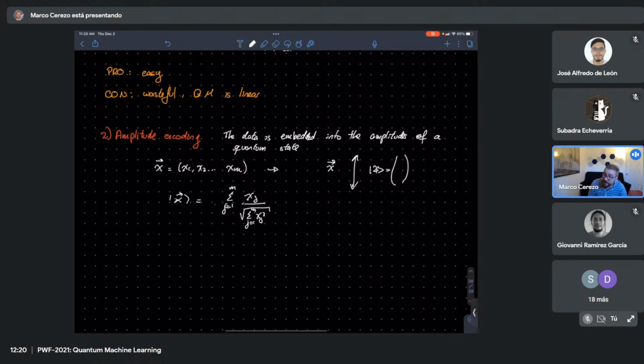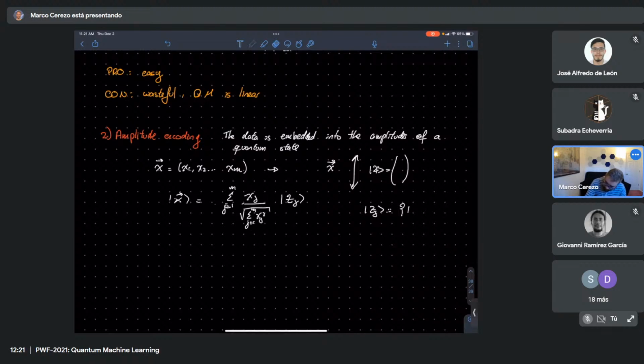This is to normalize it, because quantum states need to be normalized. And then I have a bit string zj. So the elements of my vector now became the probability amplitudes in some basis. In this case, we just pick the computational basis, where zj are just elements of the computational basis.